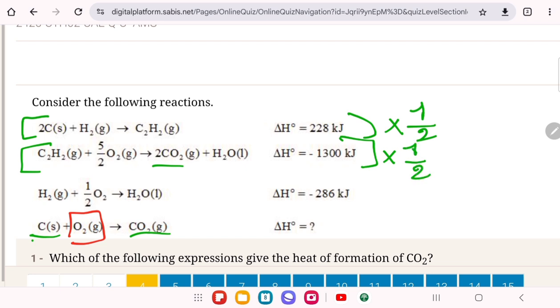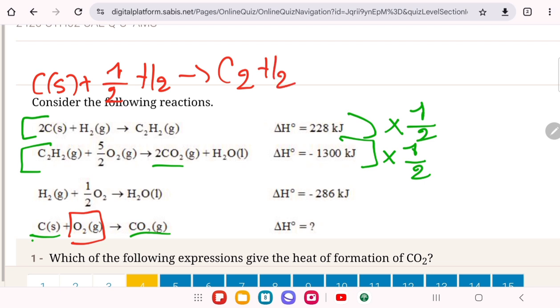Now finally, let us write these equations. This will become C solid plus 1 over 2 H2 gives us C2H2. And the second equation is 1 over 2 C2H2. Oh, over here I forgot the 1 over 2.